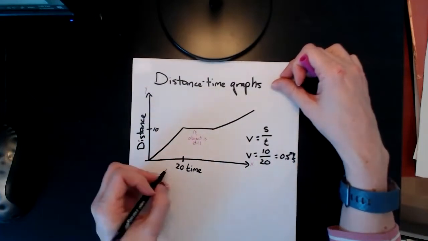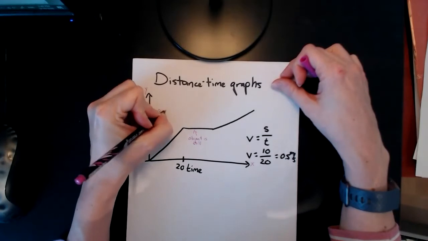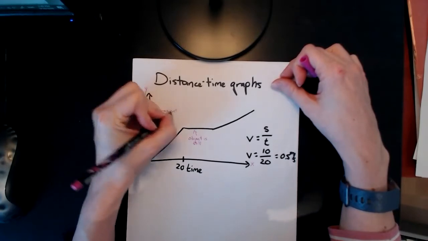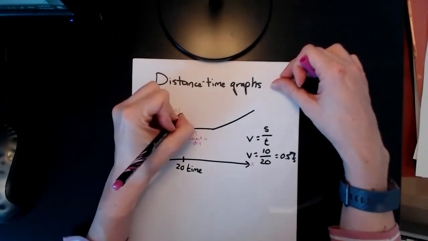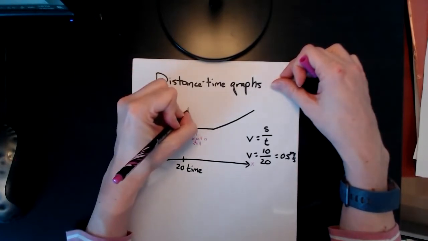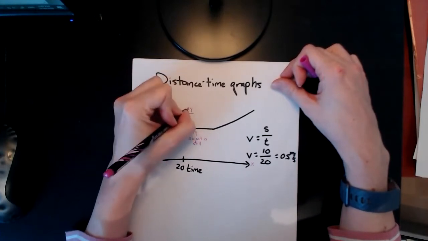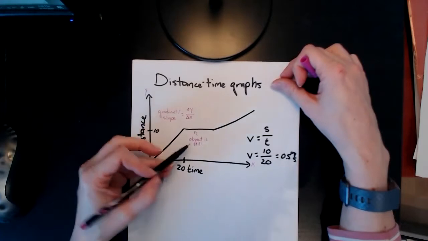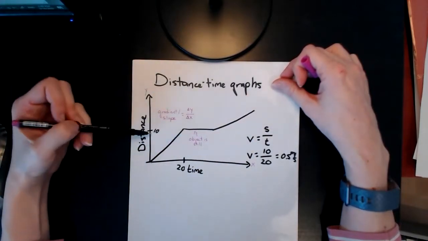And so what you've actually done is you have found the gradient or the slope, right? So the gradient, sometimes called the slope, is the change or the difference in y divided by the change or the difference in x. And that's exactly what you've done here, right? The change in the line, it went up by 10.